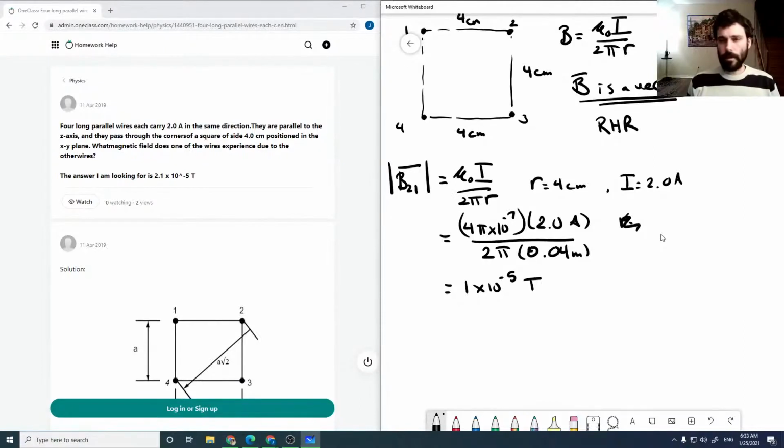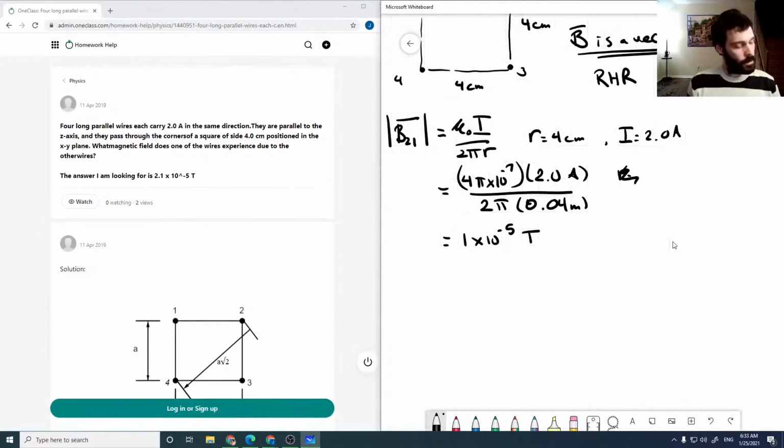But now we need direction. So remember that we use the right-hand rule here. So we've got 2, 1, there's our r.